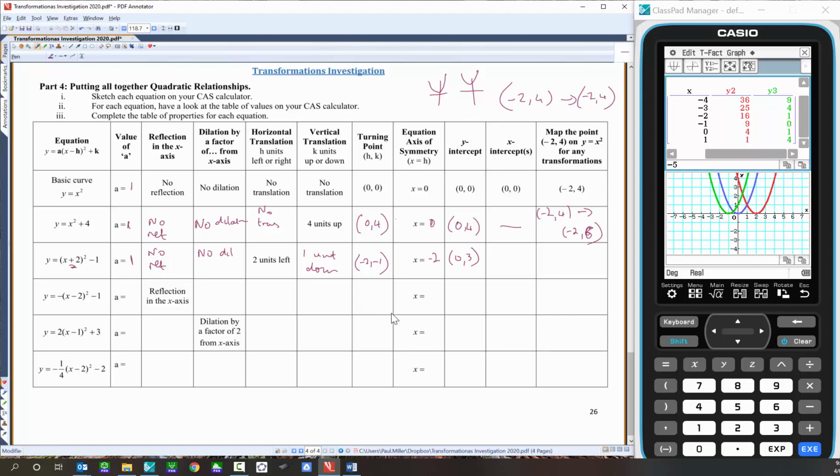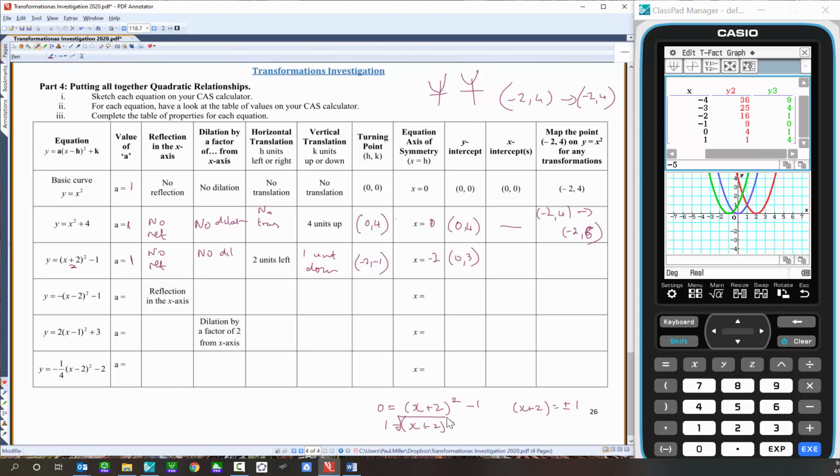The x-intercepts. Okay, so this one here, to do the x-intercepts, that occurs when y is equal to 0. Okay, so we're going to say 0 equals x plus 2 all squared, take 1. 1 equals x plus 2 all squared. We're going to square root both sides, which will give us x plus 2 equals plus or minus 1.